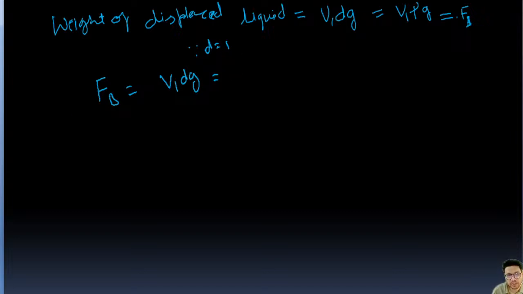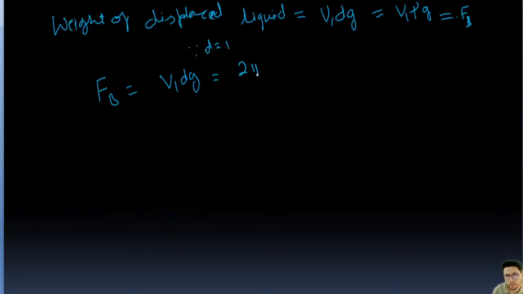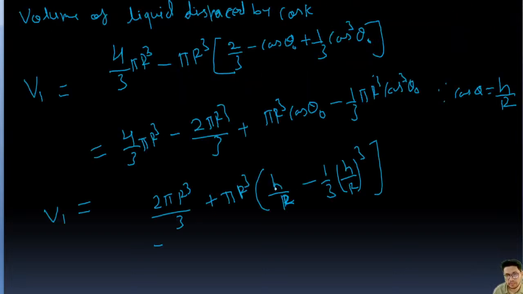The value of V1 I have already found: 2πr³/3 g plus πr³ g times (h/r minus 1/3 (h/r)³). Here we have multiplied by g.